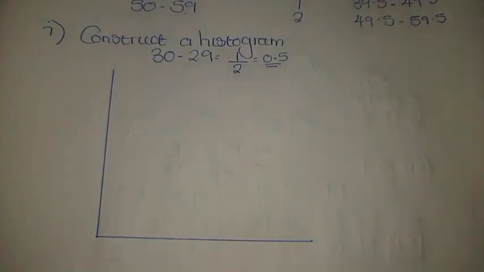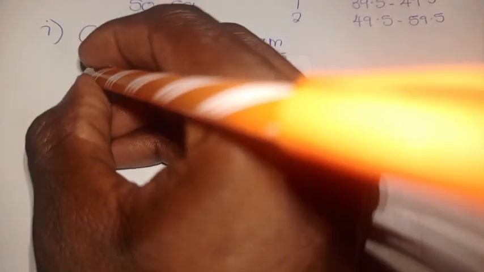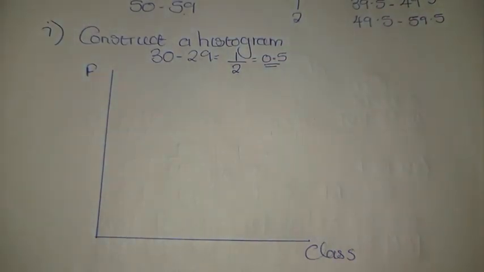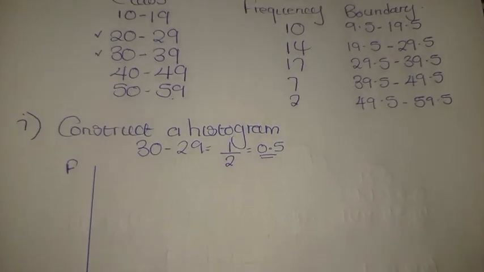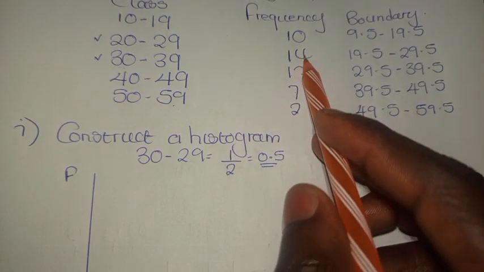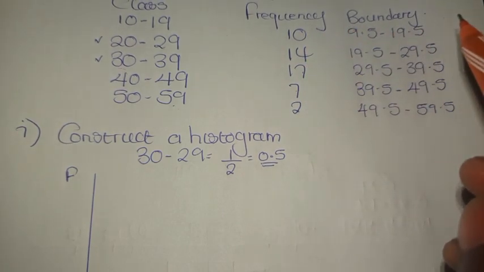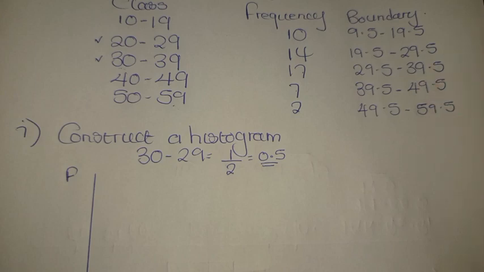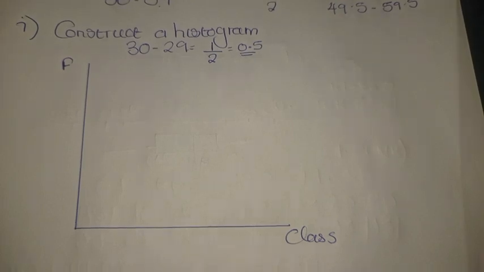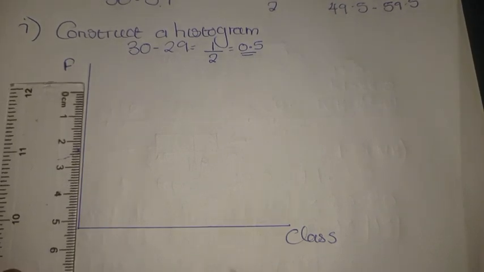Remember, the y-axis will contain the frequencies, and the x-axis will contain the classes. If you check the frequencies, you have 2, 7, 17, 14 together with 10. You need to find a way to put them in order. So let us use groups of 5.